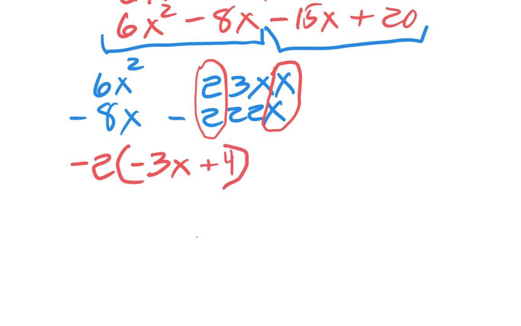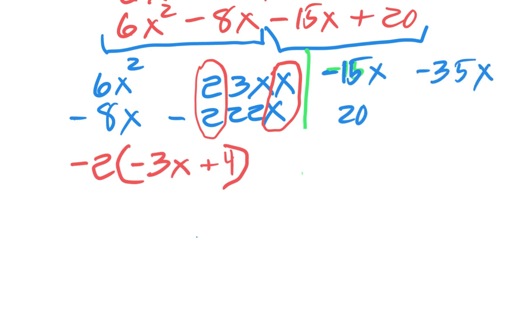All right, let's draw a line separating these. I'm going to look at my negative 15x and 20. So if I factor negative 15x, I have a negative 3 times 5 times x.